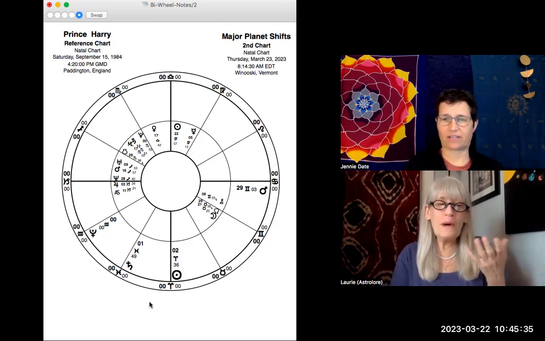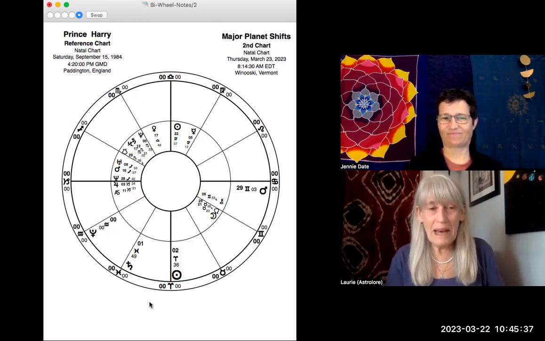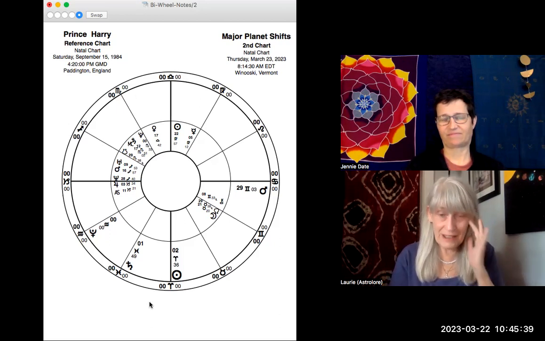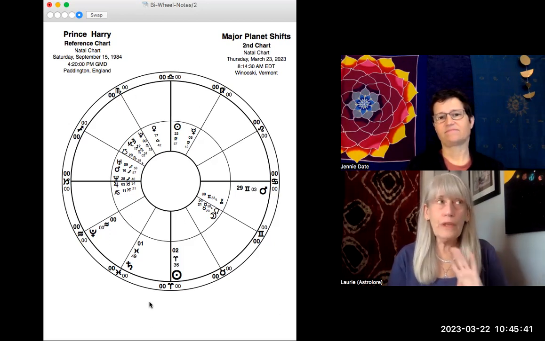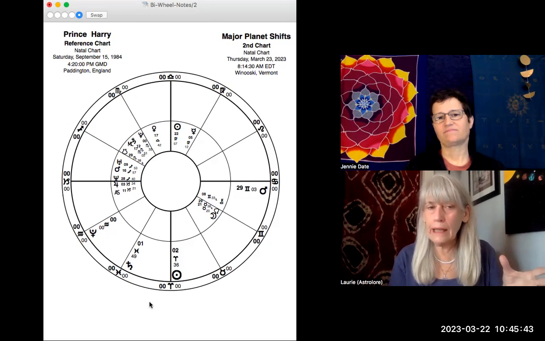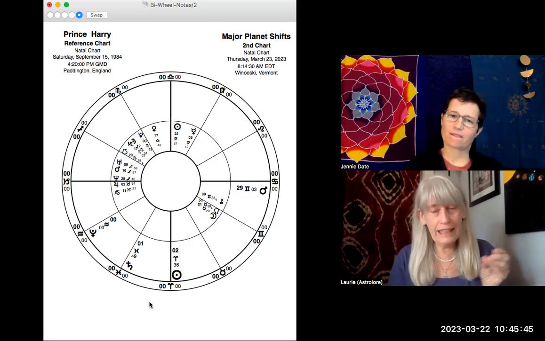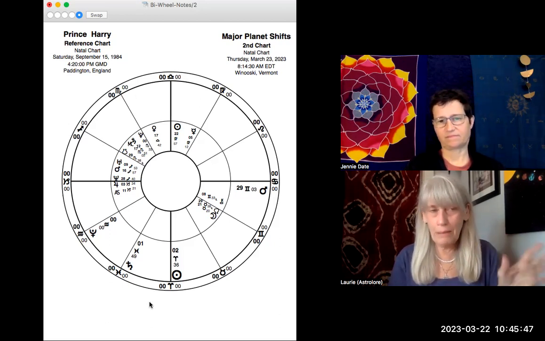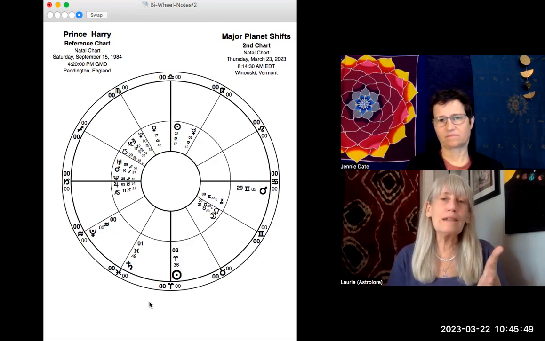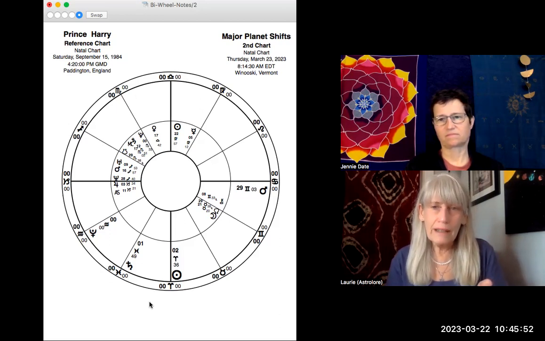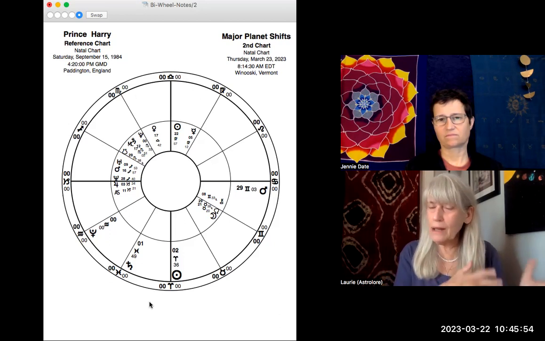One of the questions that jumped into my mind when I saw that Saturn was in his third house is this whole thing. He just wrote this book recently, but my understanding, and I might be wrong, is that it was mostly written by a ghostwriter that interviewed him.